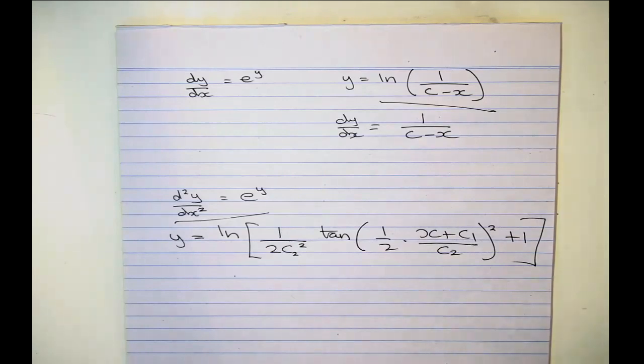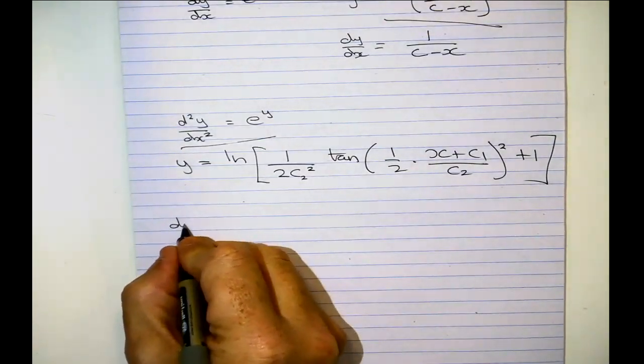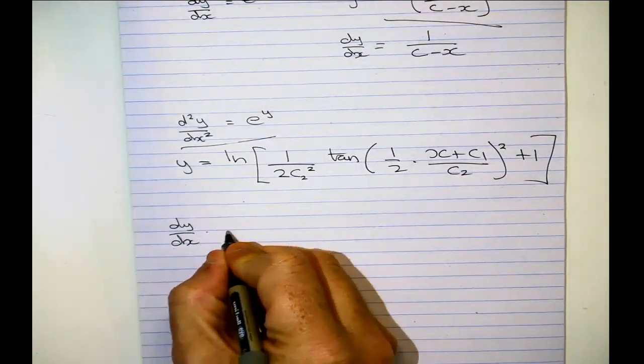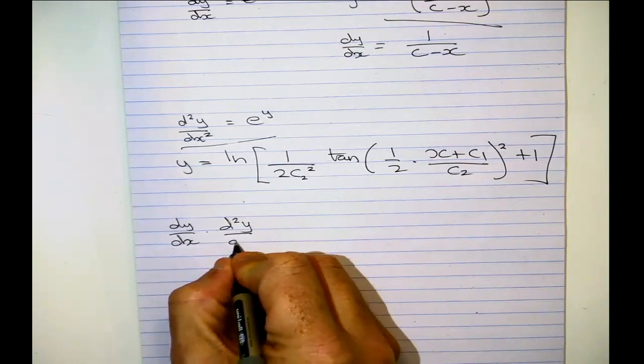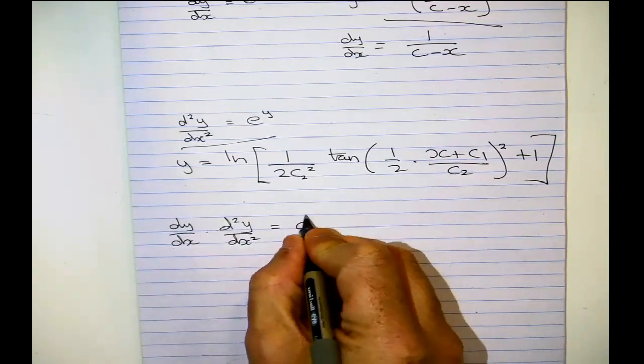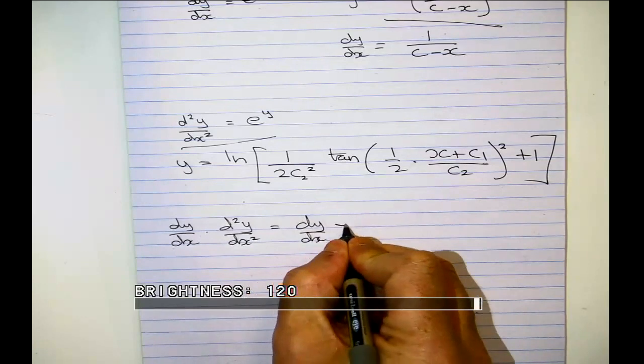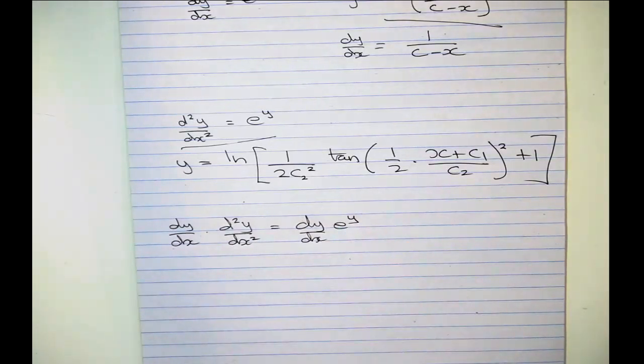The trick with this one, if I multiply both sides by dy/dx, assuming dy/dx is not 0, because if y is a constant, I don't want that solution, that's useless. So I can safely assume that y is not a constant.